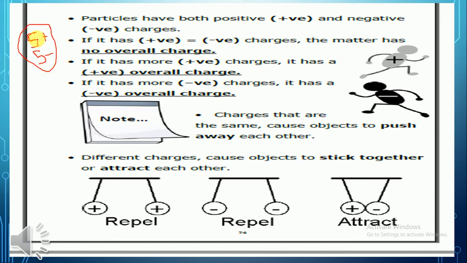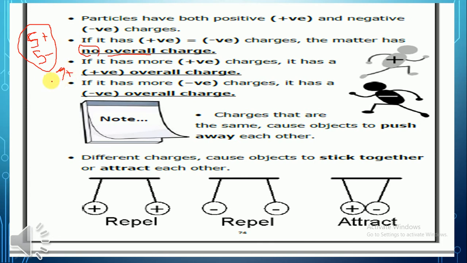They are equal, 5 and 5. So no one is more than the other, so we call it no overall charge.